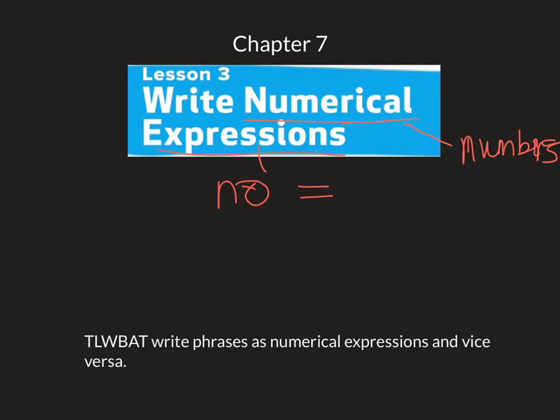Right? An equation has an equal sign, expressions do not. So if I have 7 times 8 divided by 3, this is a numerical expression. That's not anything we haven't seen before, so we're good to go on that.